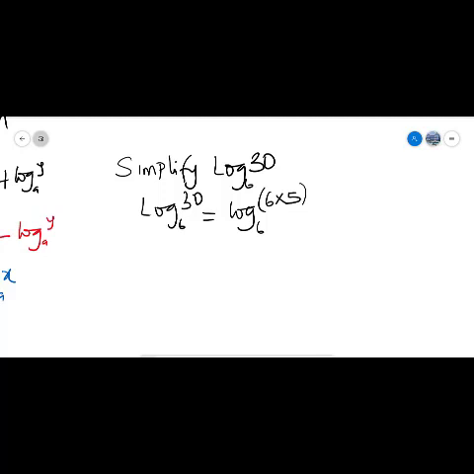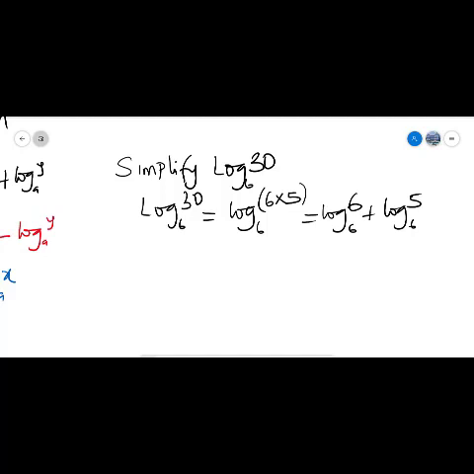And according to our laws of logarithm, when there is multiplication, it's equivalent to having individual logs of the factors. That's log 6 base 6 plus log 5 base 6. So doing this, we just applied the first law of logarithm.